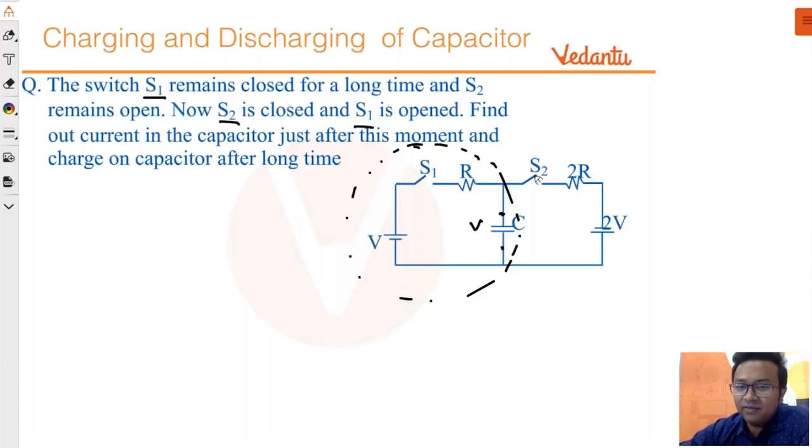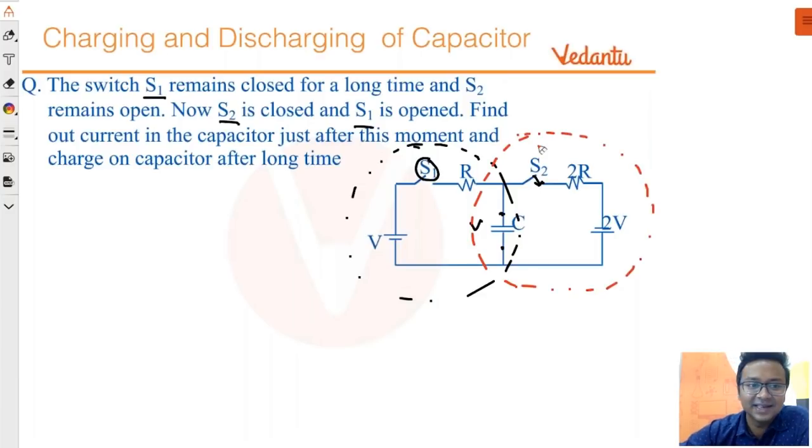So they have closed S2 and they have opened my S1. Now in the second part of the circuit, my left portion of the circuit has deactivated and the right portion of the circuit has become activated. So this is my circuit that is active as of now.